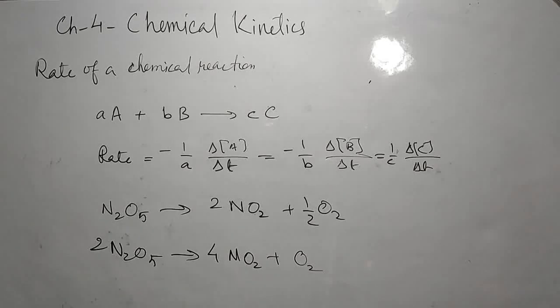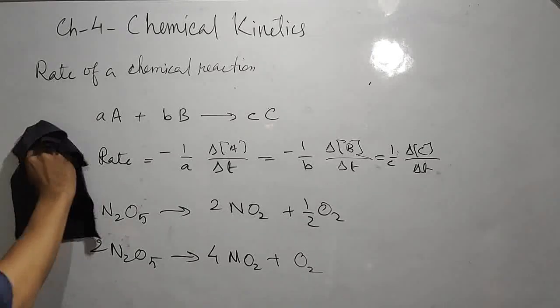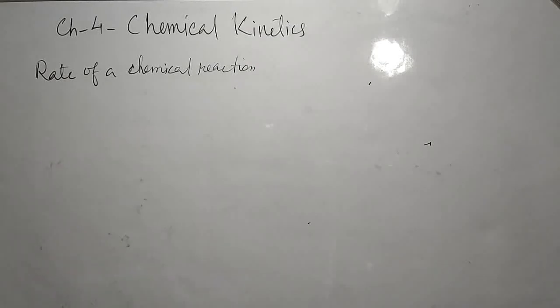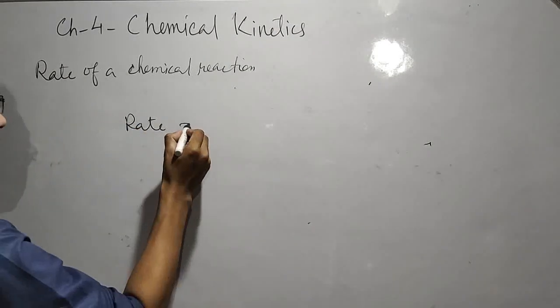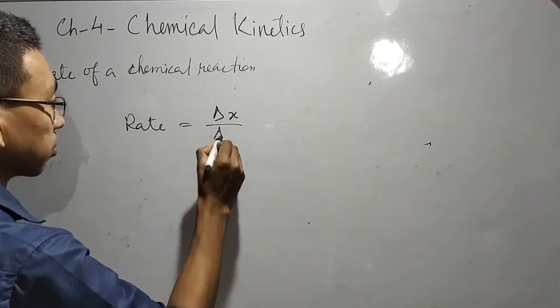So for instantaneous rate we represent it this way. See the rate, that is the average rate. We just represent it like this, for example.